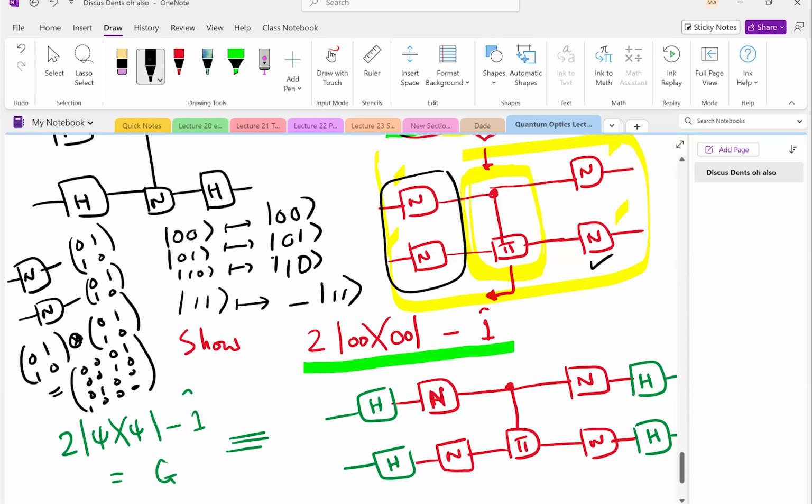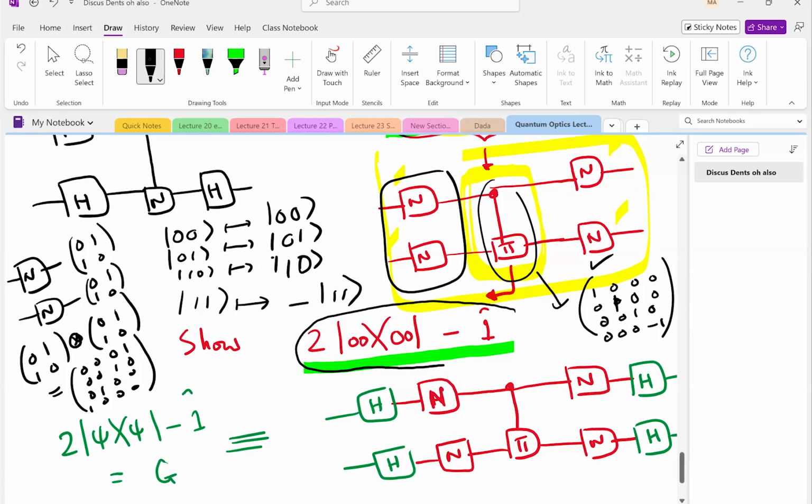And so is this. You can find the matrix for this gate, which is 1, 0, 0, 0, 0, 1, 0, 0, 0, 0, 1, 0, 0, 0, 0, -1. And you can multiply the three matrices, and you'll find that this is equivalent to this gate. So what I've drawn in red here is this gate.